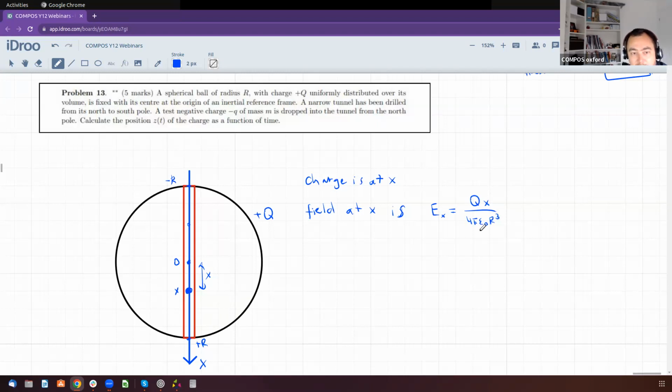Okay. And we know that the force is Q times E. So it's going to be Q, and it's negative, so minus Q x divided by 4 pi epsilon naught R cubed.